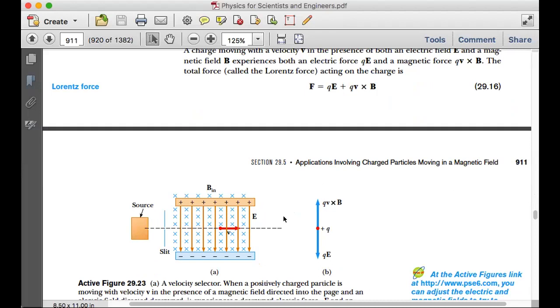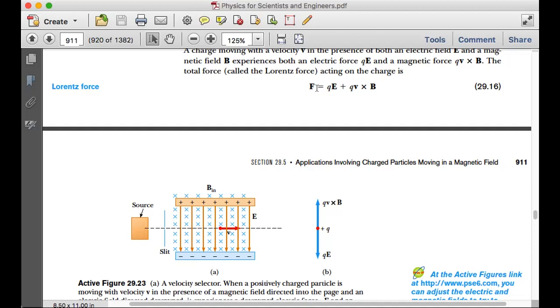And the path of the particle will be a straight line. Because the path is a straight line, this V here should be constant.